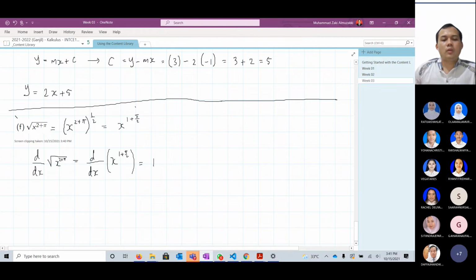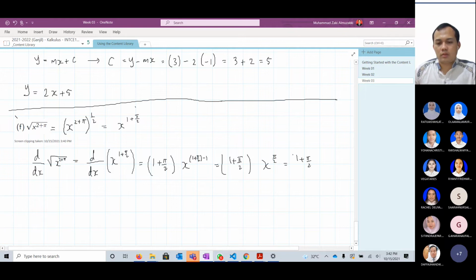So we have 1 plus pi over 2 times x power 1 plus pi over 2 minus 1, which is now 1 plus pi over 2 times x power pi over 2, which is 1 plus pi over 2 times x power pi.